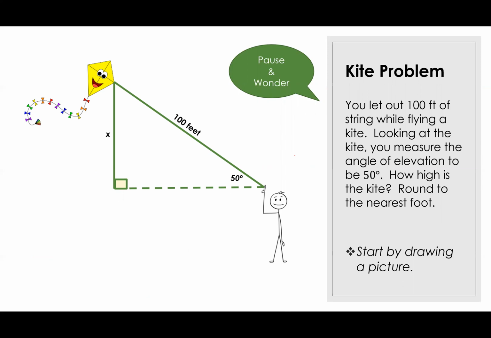Okay, so the string is 100 feet and the angle of elevation is 50. That's right here. That angle there is 50. And we are looking for how high the kite is. We can see that there's a floating right triangle here up in the air, right?